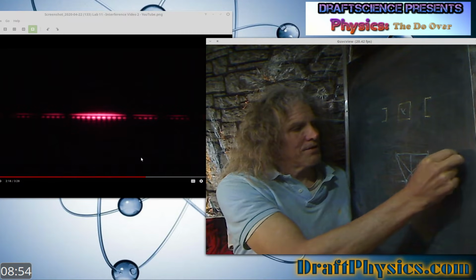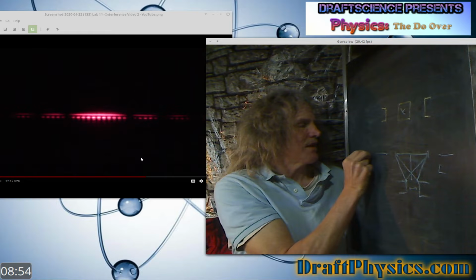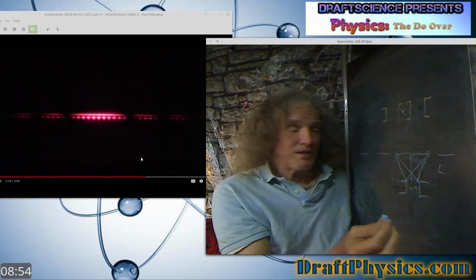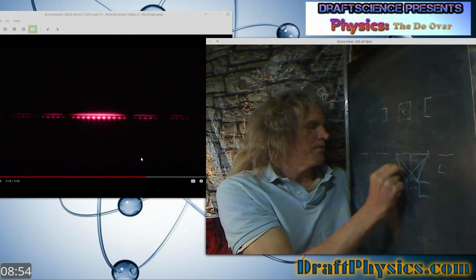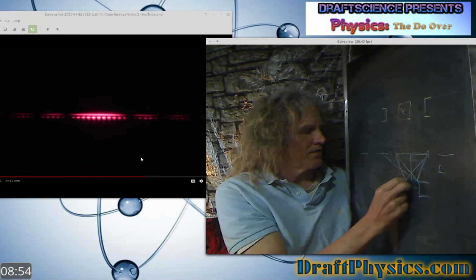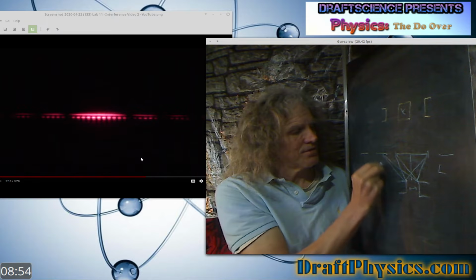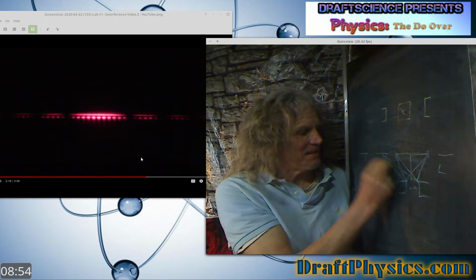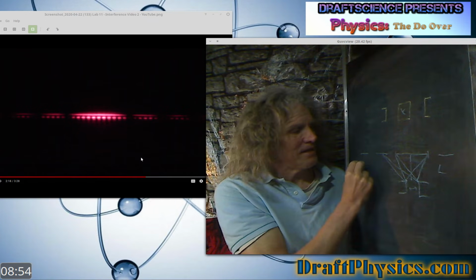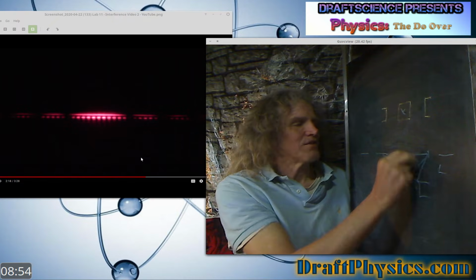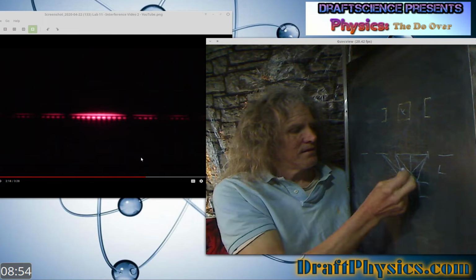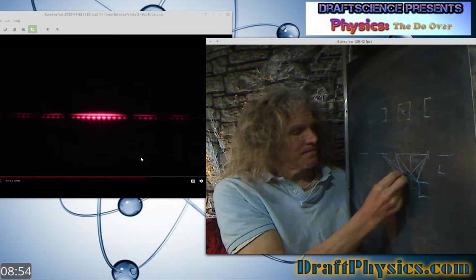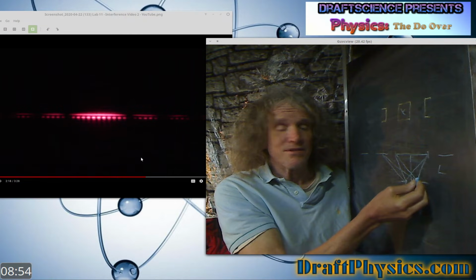Now every other bit of the pattern, that is the pattern that goes out here, those pieces of the pattern can only be created by two beams of light that go in the same direction. See that? Same direction. Everything has to be made in the same direction. So that's why the center one is bigger, because the degrees that it's bending is bending in opposite directions.